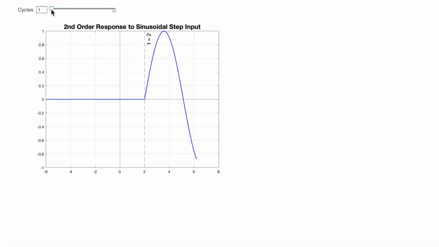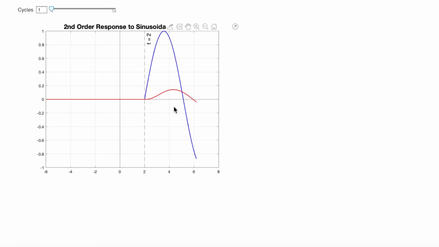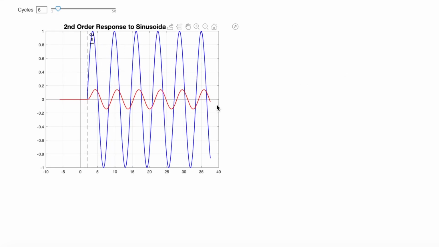So now if we do that and go back to 1 cycle, there we have the response, which was the function that we actually derived, which was 1/10 dot u(t minus 2), and then the rest of the function, which is really nice. So we can see that the function is only turning on at t equals 2. And then if we increase the input for, say, 6 or 7 cycles, we can start to see what the long-term response is actually going to look like, which is really nice.